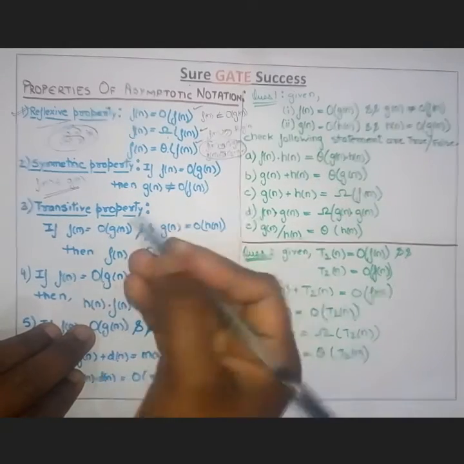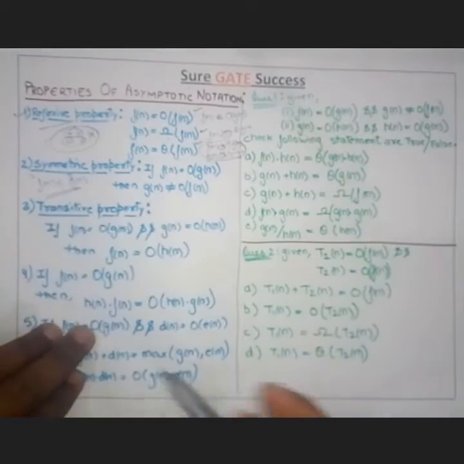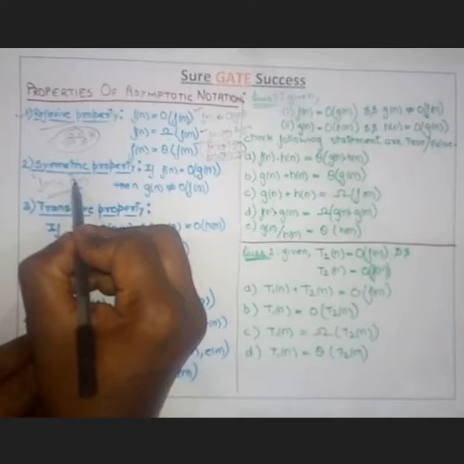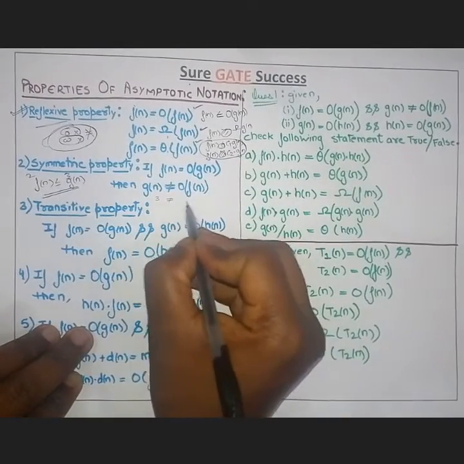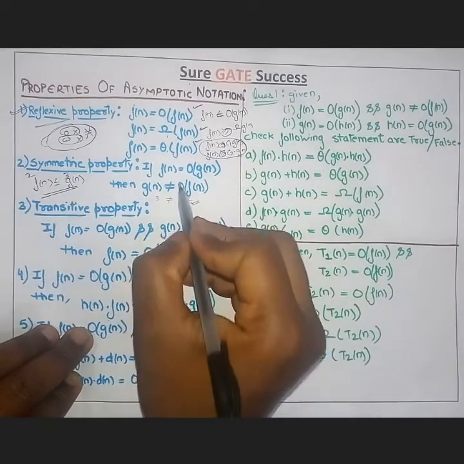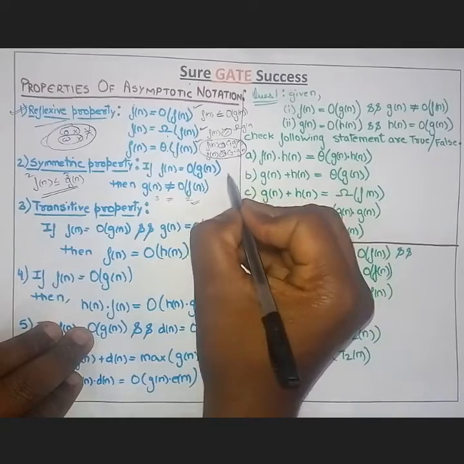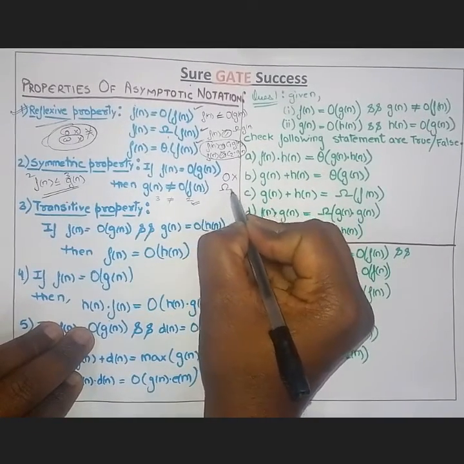Because let us understand that f of n has value 2 and g of n has value 3. So 2 is less than 3, this is fine, but 3 is not less than 2.